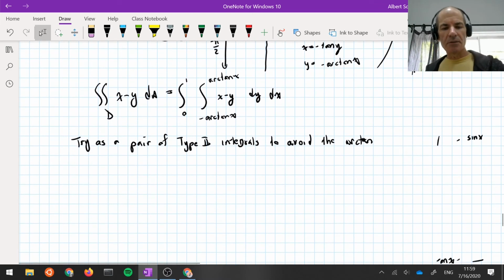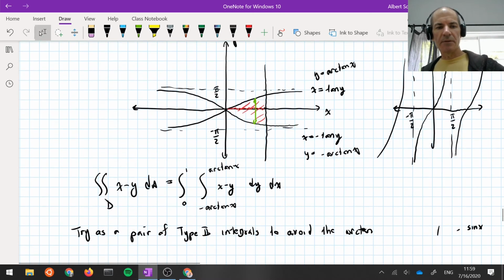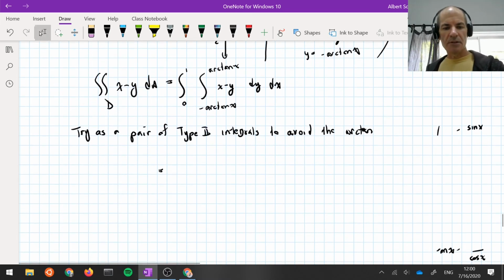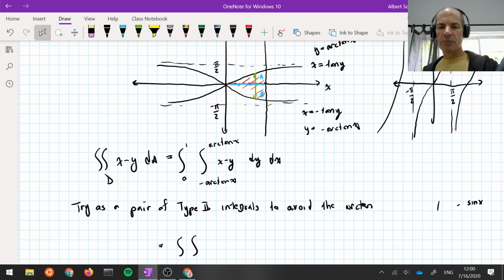All right, so as two type 2 integrals, we're going to chop this thing up right here along the middle, and we'll use this as A and this as B. So we're going to integrate the region A. In that direction, we're going to go from the lower curve to the upper curve in the horizontal direction.